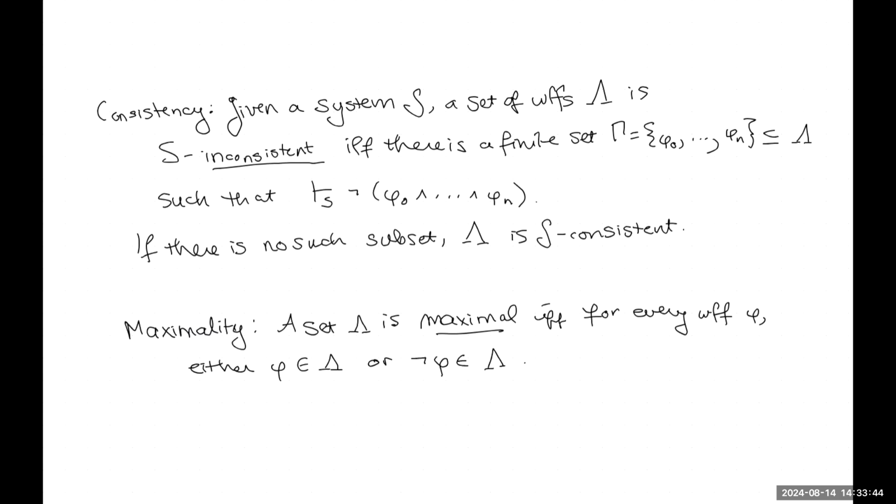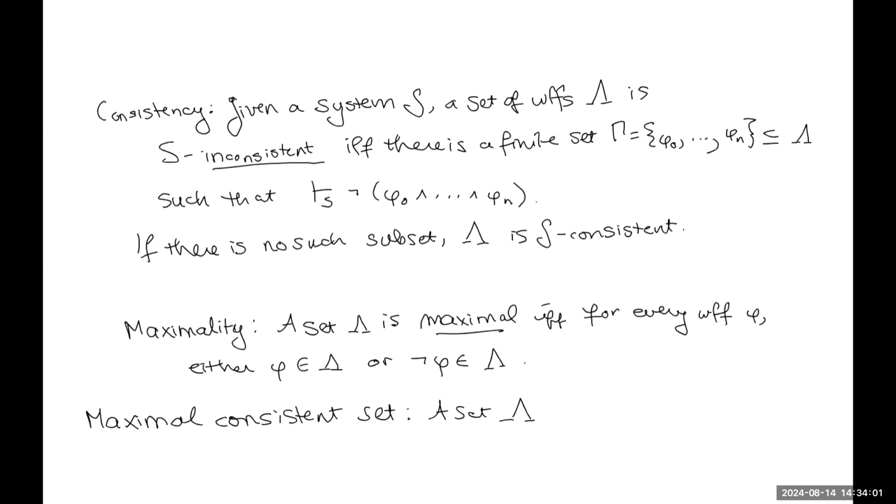Then we can define what it means to have a maximal consistent set. And as you might expect, it's just going to be the conjunction of the two of these.